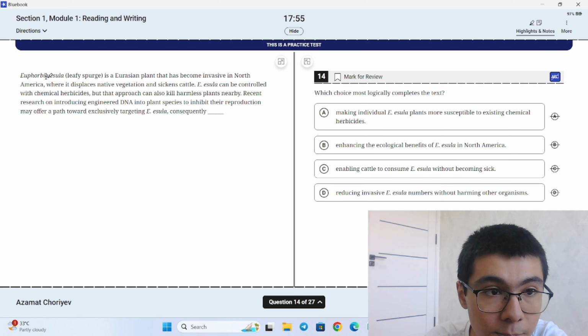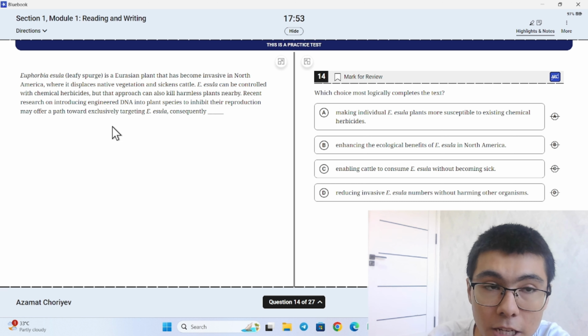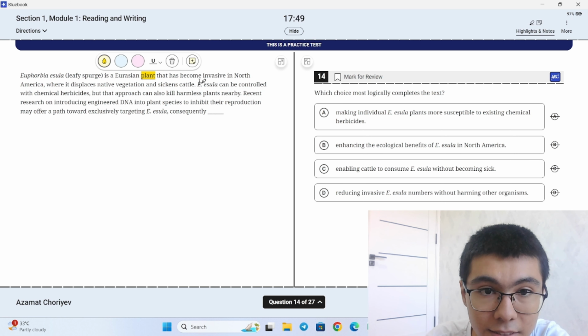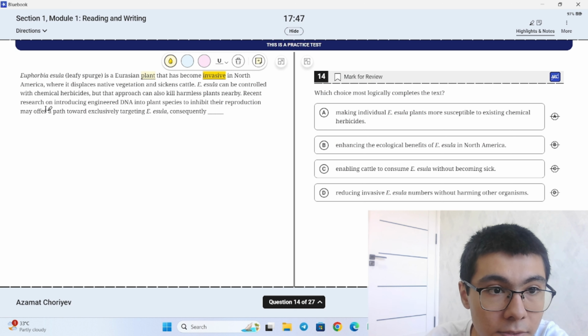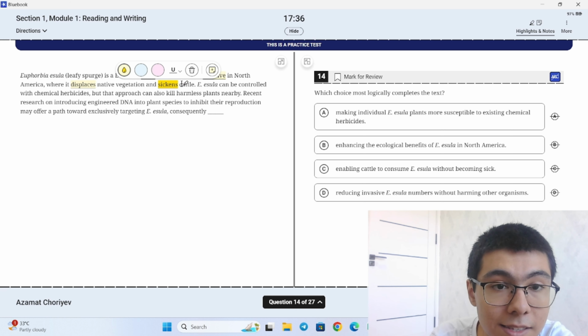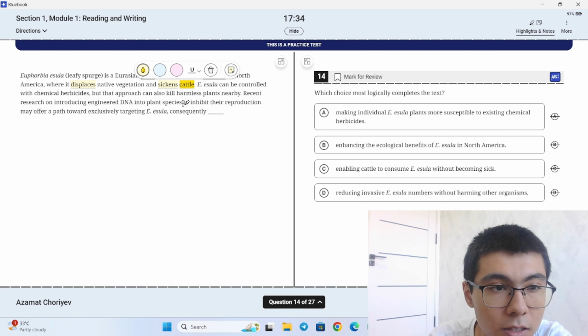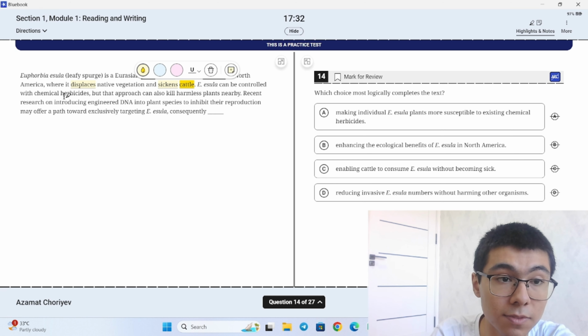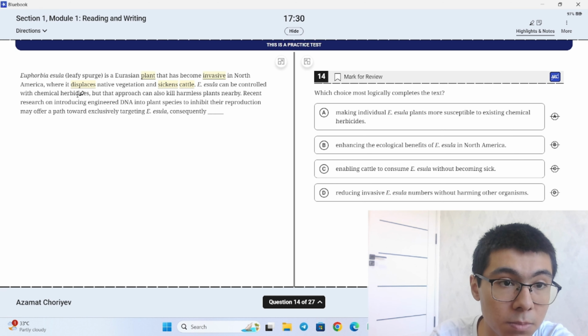So this is a text completion question. I'm not gonna bother myself reading these names. So it's a plant. It's become invasive. So it displaces native vegetation, displaces, right? So that's something negative. Sickens cattle. It can be controlled with chemical herbicides.